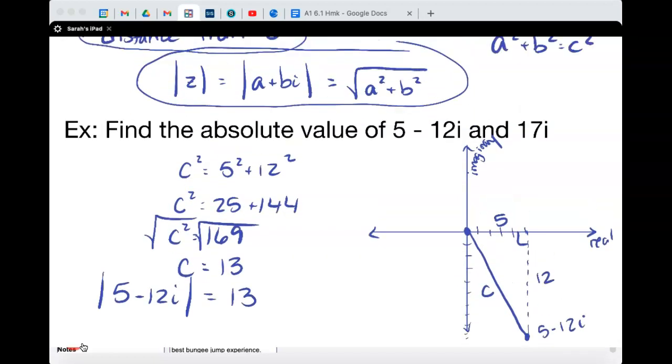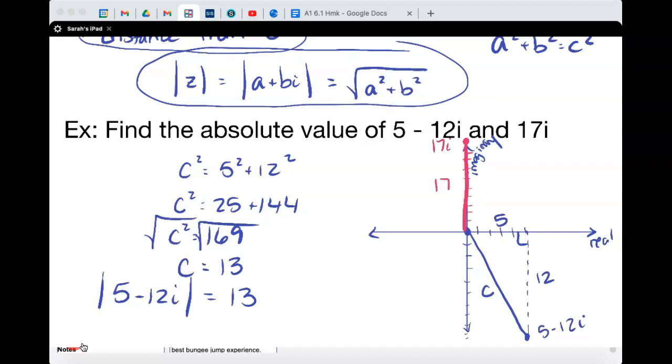Okay, I can do the same thing with 17i. So where would 17i be on my graph? Straight up, level. Okay. So I don't know, like right there. So that's 17i. So basically, I'm finding the distance from 0, this distance right here.